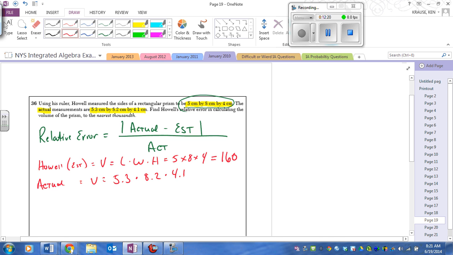I cannot do that in my head. It's 178.186. So, plugging them into my calculator, or my formula. Notice I'm not rounding until the end.